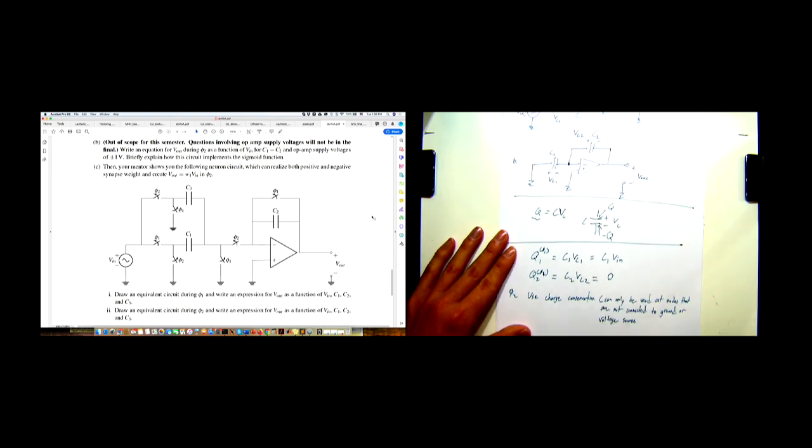As shorthand, we call this a floating node.